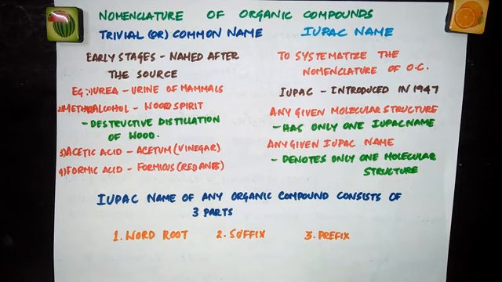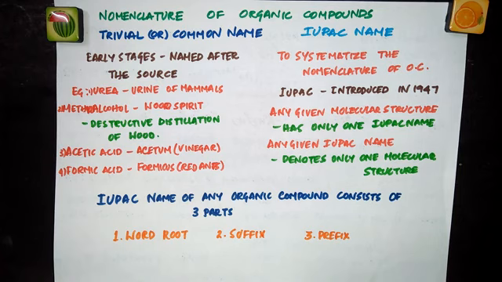But later on, certain rules were developed to name the organic compound by the common system. And we know because of the unique property of catenation, carbon forms a large number of organic compounds. So it became really difficult to remember the organic compounds by their common or trivial names.